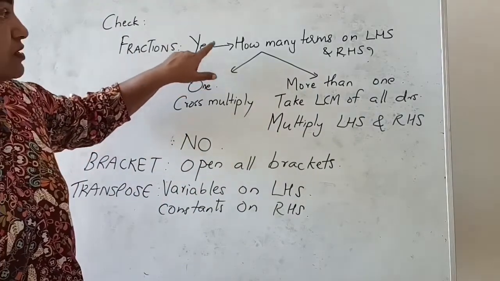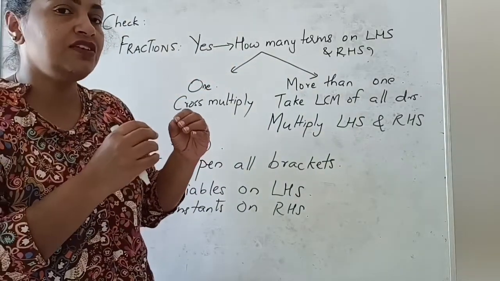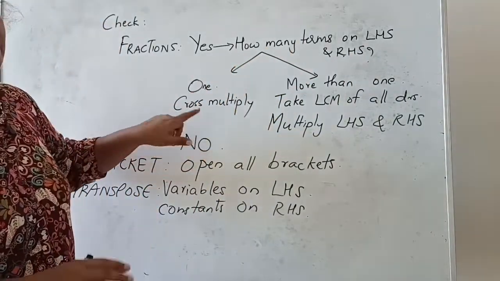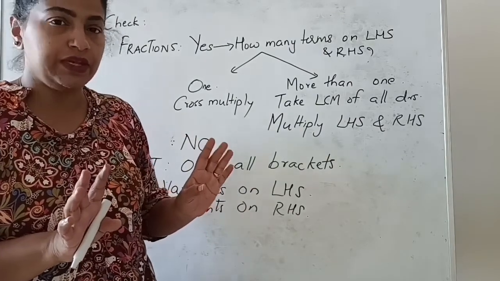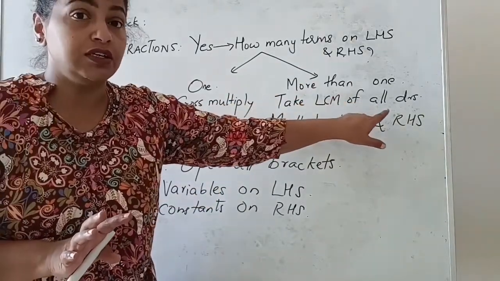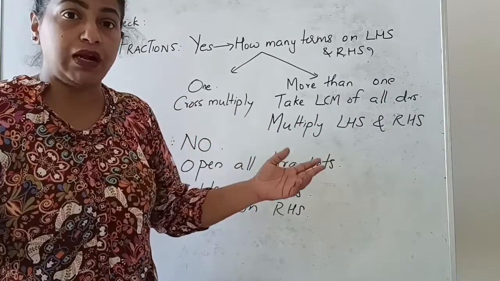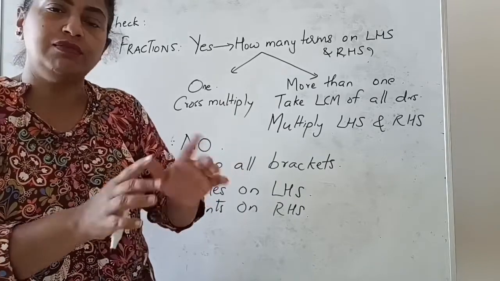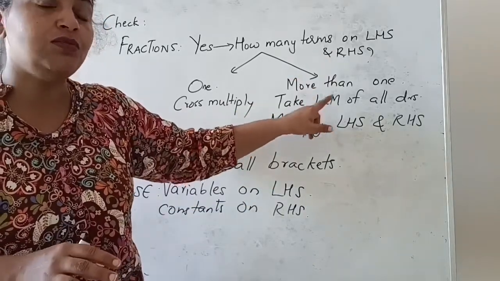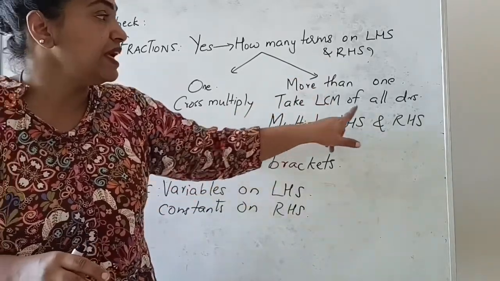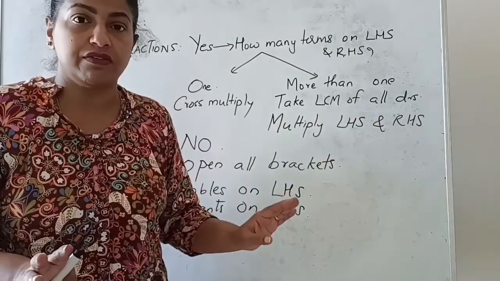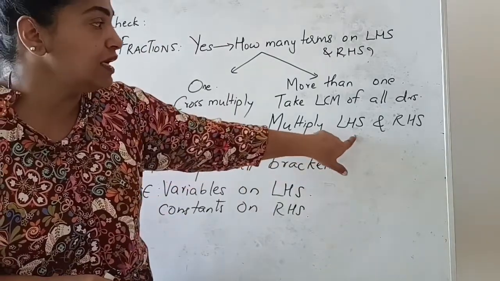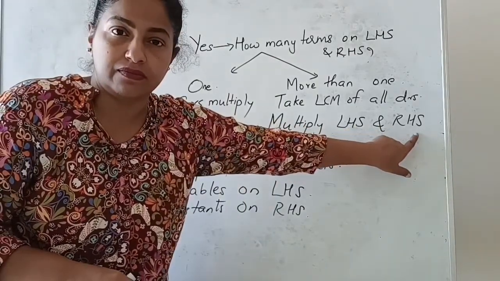Suppose you have got fractional terms. Check how many terms are there in total on LHS and on RHS. If there is only one term, just cross multiply. Okay. If there are more than one term, suppose the linear equation has got multiple terms on LHS and RHS, or only on one side, but other side has got only one term, doesn't matter. If there are more than one term on either of the sides, take the LCM of all the denominators, right? And using that particular LCM, multiply on LHS and on RHS.